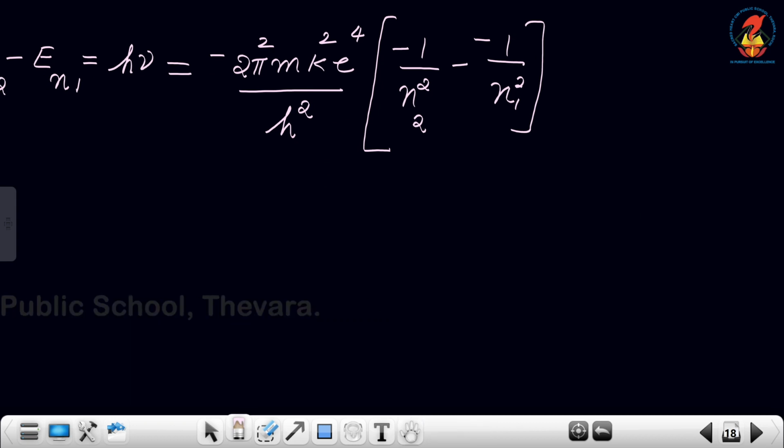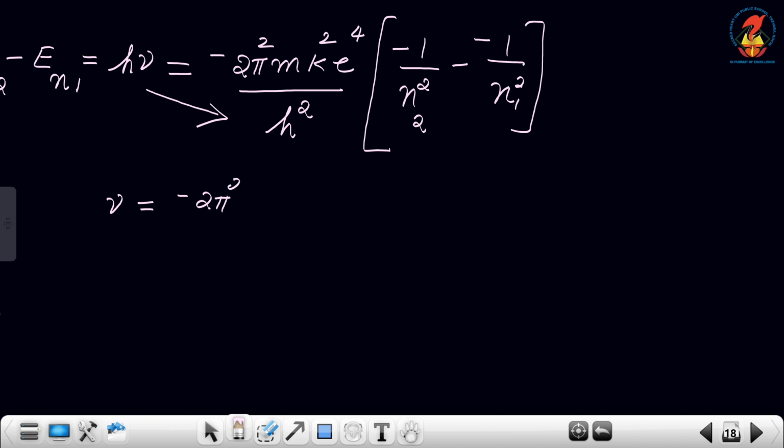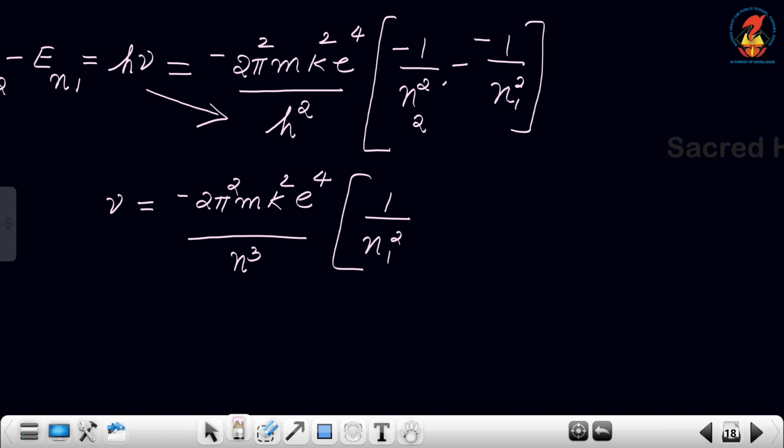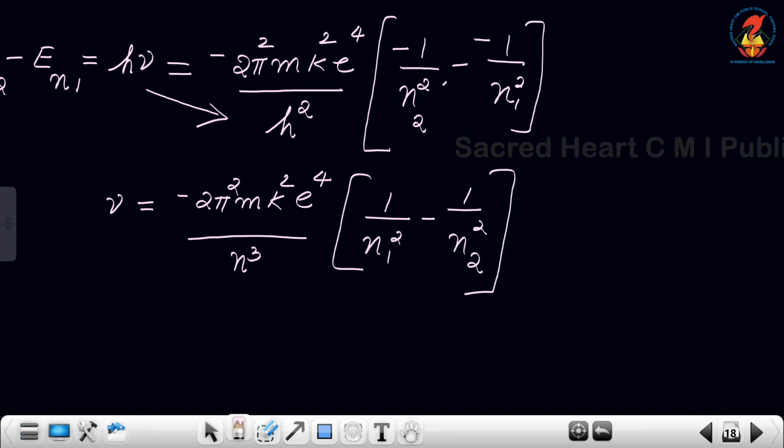Now bringing this h to the other side, we get nu equal to 2 pi square m k square e raised to 4 divided by h cube into 1 by n1 square minus 1 by n2 square, since minus of minus is plus.